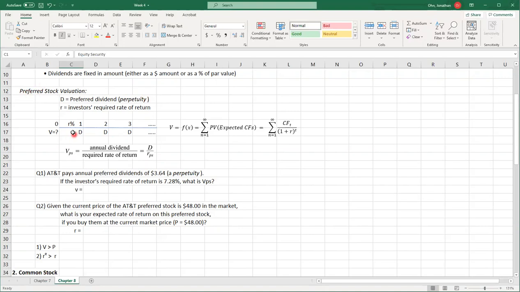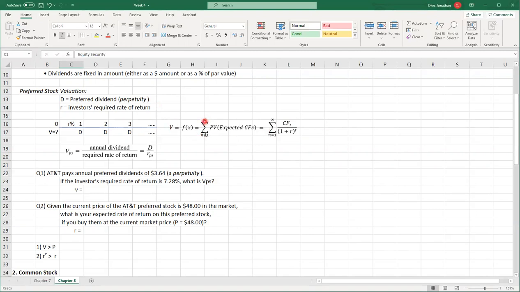So from preferred stock, you receive this perpetuity, the infinite series of preferred dividends, and the required rate of return is r percent. Basically, by the valuation principle, the intrinsic value of preferred stock is the sum of the discounted future cash flows, that is, the discounted future preferred dividends. That is the valuation principle.